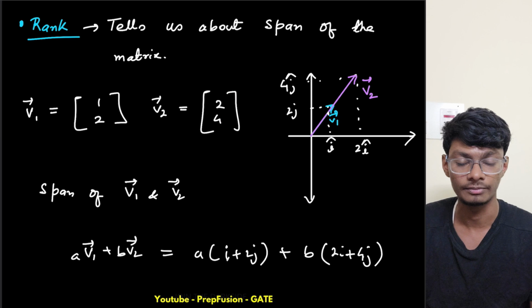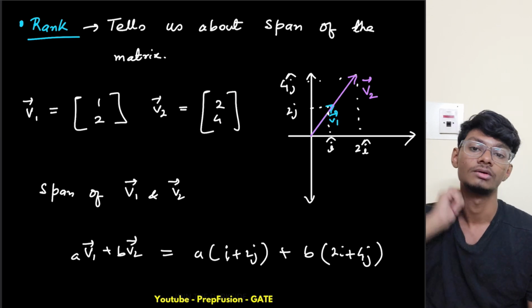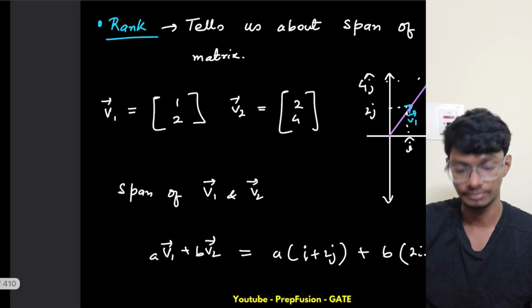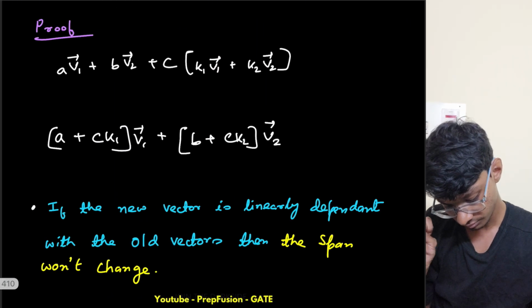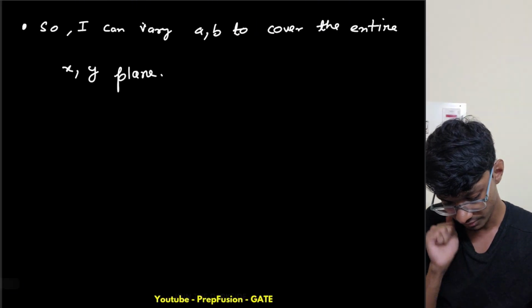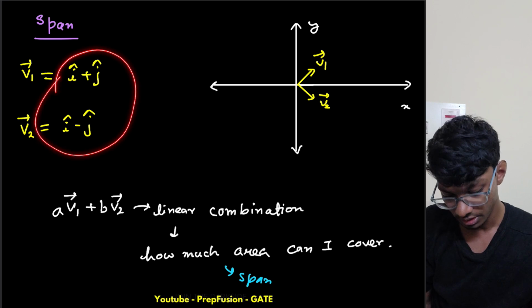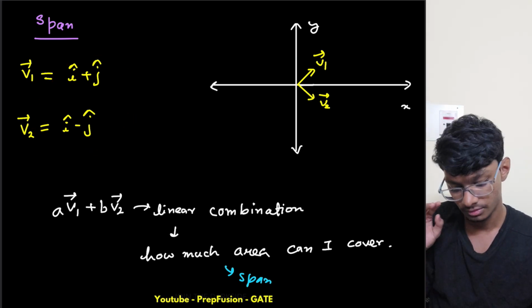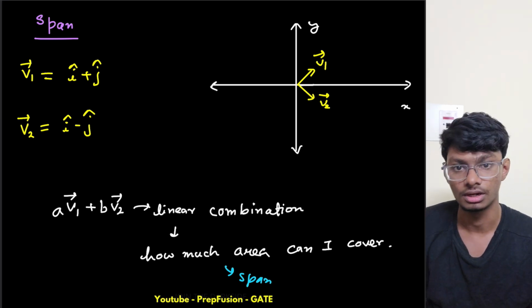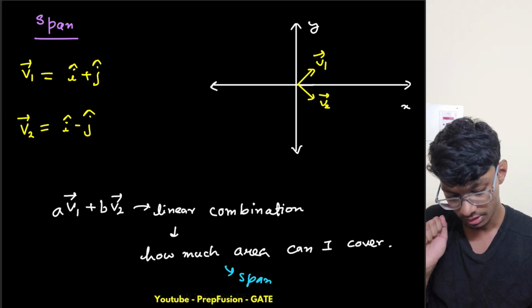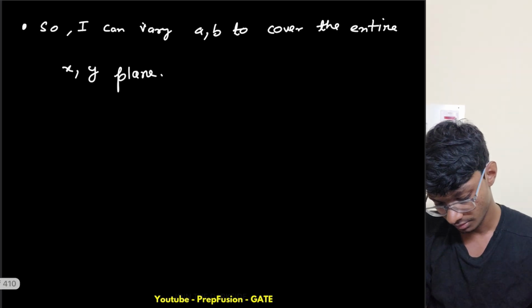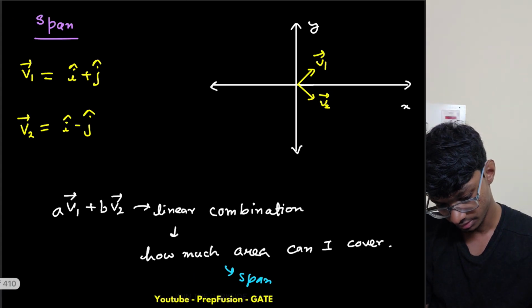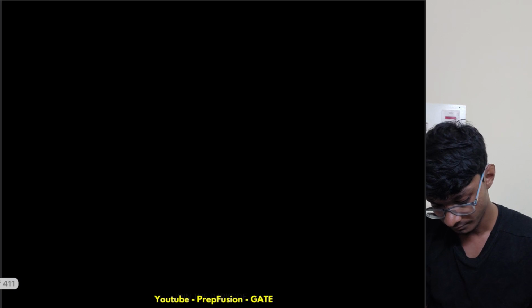In the previous example, if you expand that, we can cover the entire plane. That was the 3D case only. In a 2D example also, I can individually change the values of i and j. How? Let me expand this here.